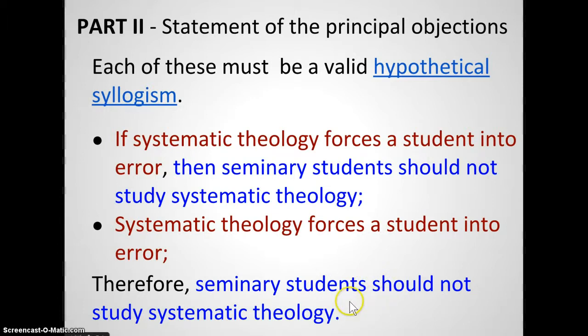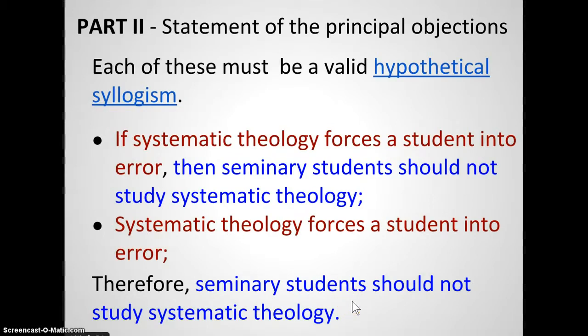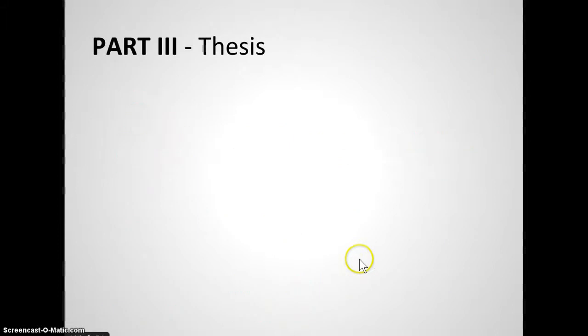You want to use the exact same wording that you did in the question. So when you're doing part 2, you'll state 3. Now you can state more, but I'm going to require at least 3 objections, the most important objections to your thesis, in the form of a hypothetical syllogism. And the conclusion of every one of those syllogisms will be contrary to your thesis.